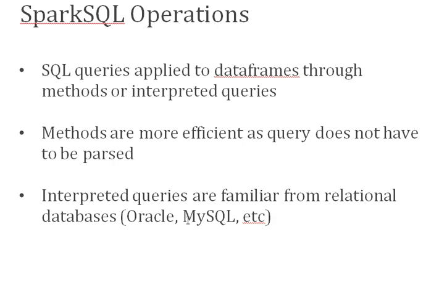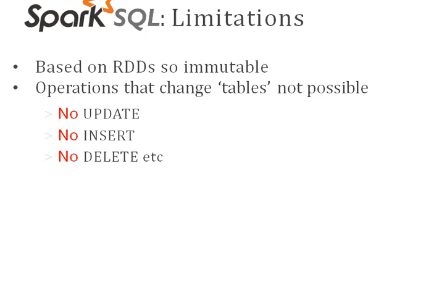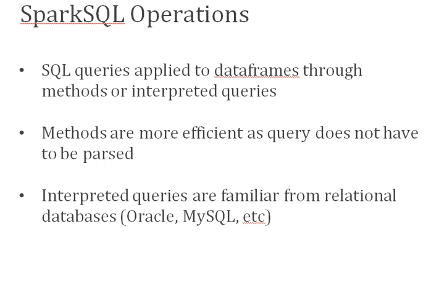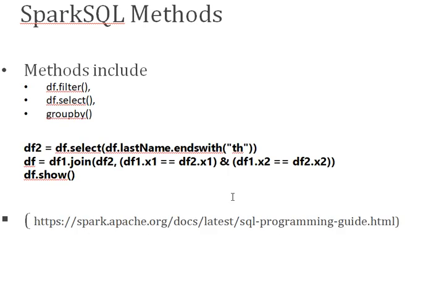So SparkSQL works on the data frame, and the methods are more efficient, and they can also interpret queries similar to a relational database. However, as we have seen before, some functions cannot be used in SparkSQL.